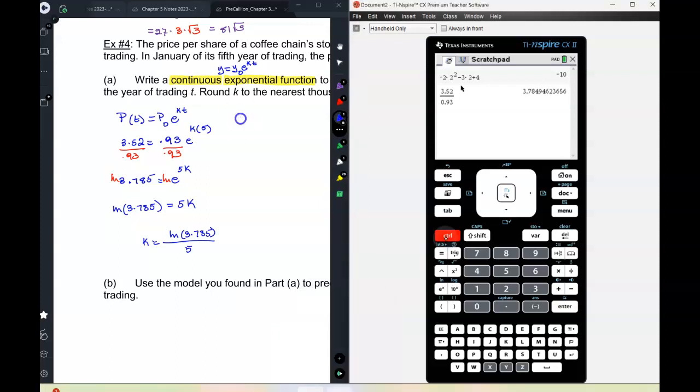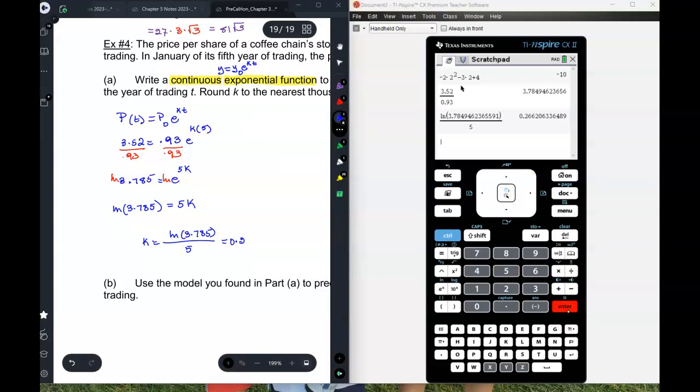I'm going to do ln of the answer over 5. So this is 0.26621. What does it say to round to? Nearest thousandth. So how many is that?